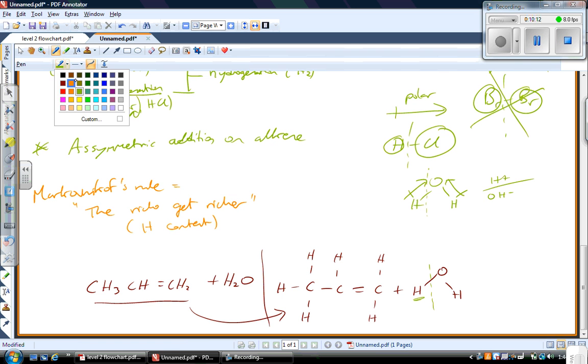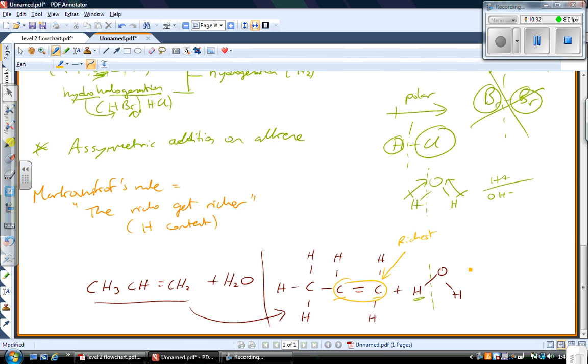Now with an alkene, addition on an alkene, we're focusing on the carbon-carbon double bond, or the carbons involved in the double bond, because that's the functional group of an alkene. So we can only look at both of these carbons and try and decide which one is hydrogen rich. It's pretty obvious, hopefully, that this is the richest.